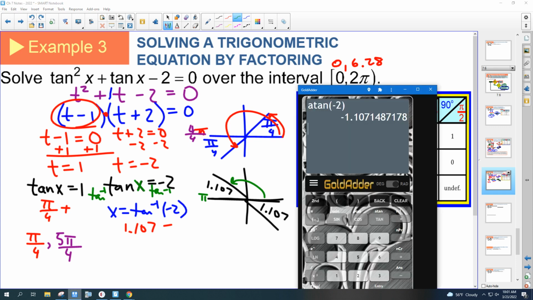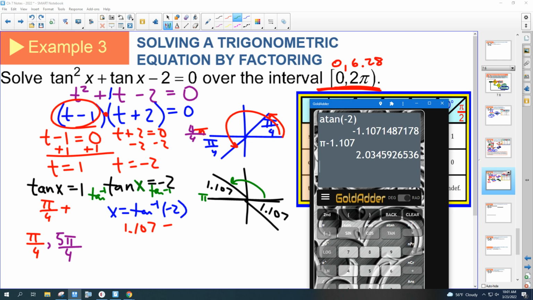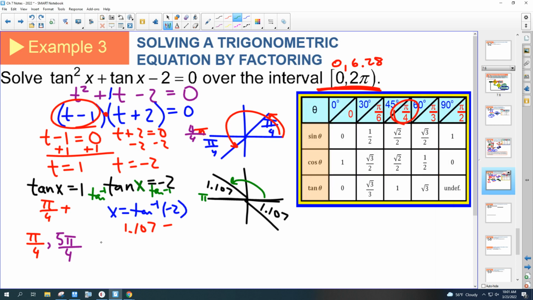Right, subtract. We're going to go pi, I just use the pi button, minus 1.107 is 2.035. Remember how we needed a number between 0 and 6.28? That's good, right? 2.035. Now we also need to find this angle.